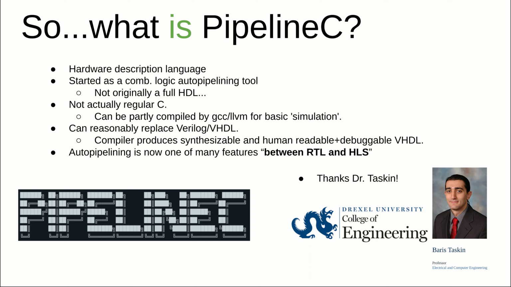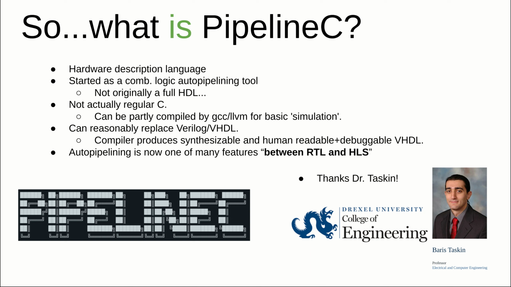So PipelineC is a hardware description language, and like I said, it started off as just for combinatorial logic and auto pipelining, but now it's a full hardware description language. I said a bit here that it's not full regular C. You can't just compile the whole thing and expect it to work as hardware, but parts of it can be compiled by regular compilers, and it's great for simulation during development.